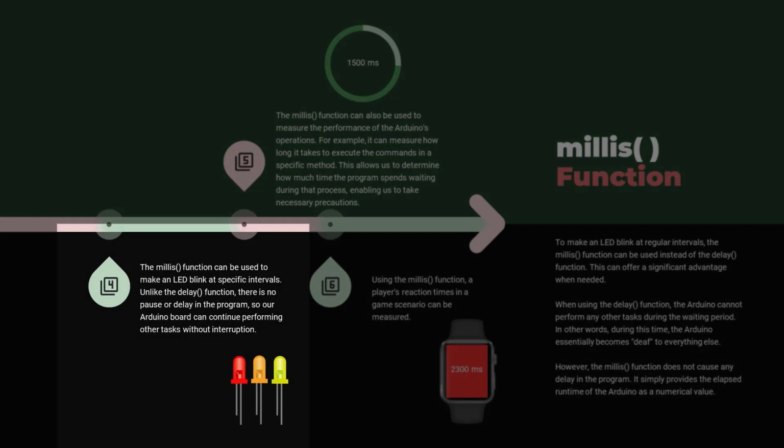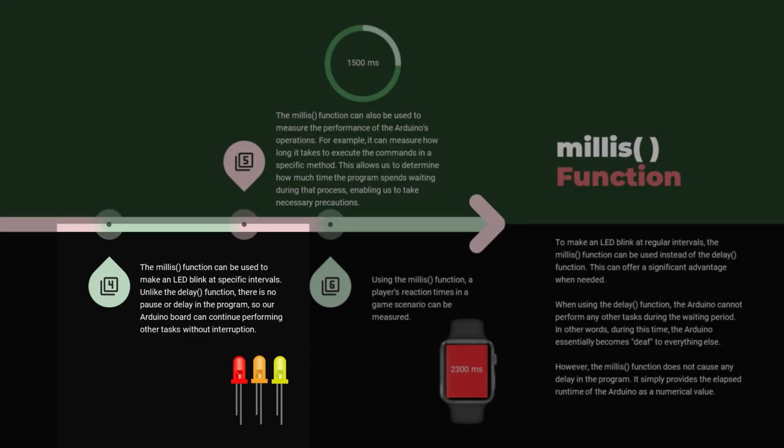The Millis function is a useful tool for making an LED blink at specific intervals. Unlike the delay function, which pauses the entire program for a set amount of time, Millis allows the program to continue running without any interruptions. This means that while the LED is blinking at regular intervals, the Arduino board can still carry out other operations, such as reading sensor data, controlling motors, or responding to user inputs.